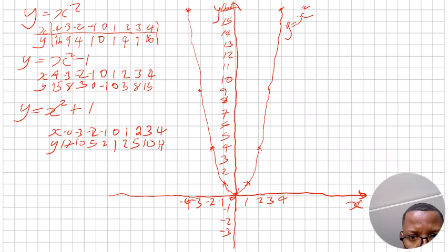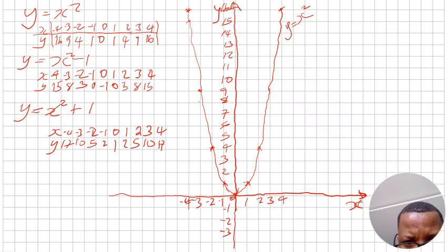When x is equal to minus 4, y is equal to 15. So y is there. And when x is equal to minus 3, y is equal to 8.